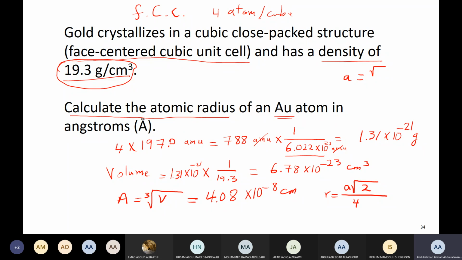So what's R? 1.44 times 10 to minus 8 centimeter. Can you change it to angstrom? Just 1.44 angstrom. That's it.